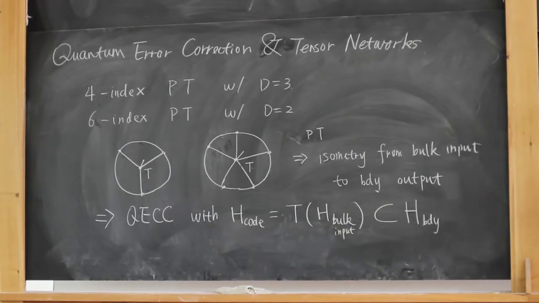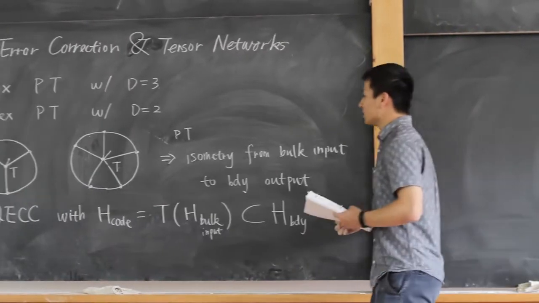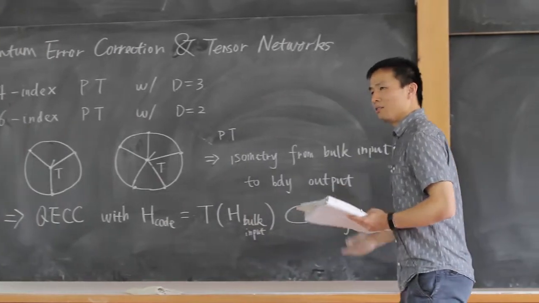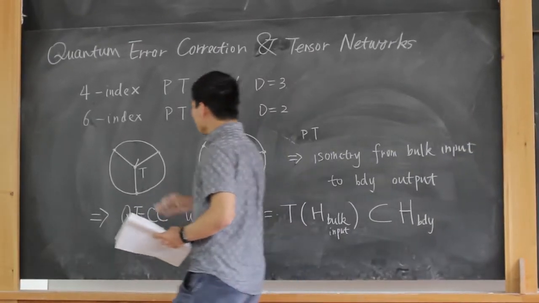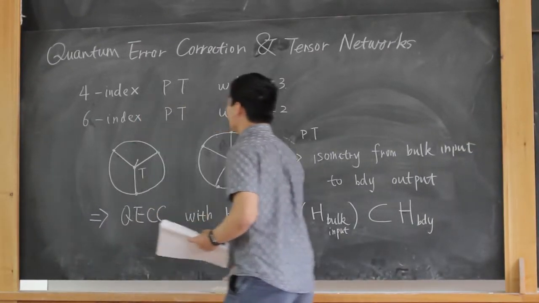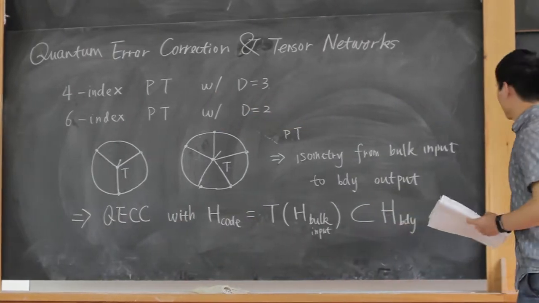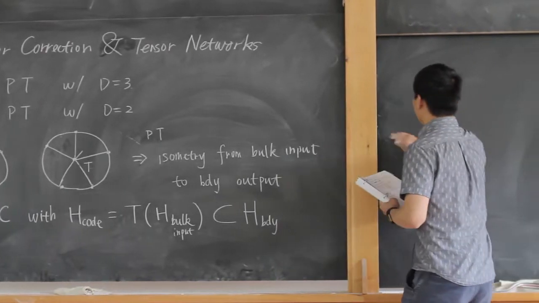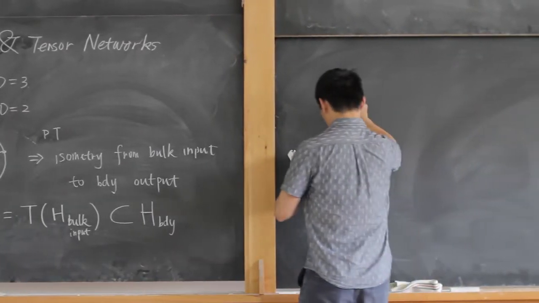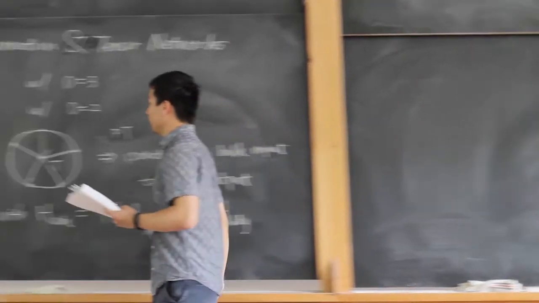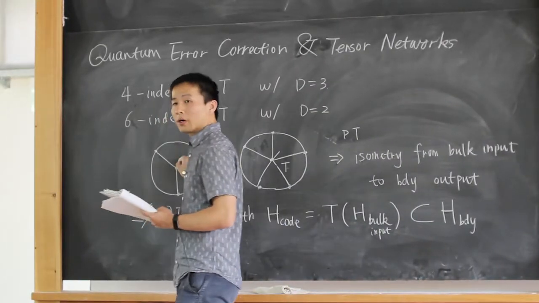So we can now see various ways of reconstructing operators. A lot of the discussion will be similar to what we had seen so far with the 3-qubit code, but I wanted to use the tensor language to make it more obvious. So the way to do this is we have some operator O that acts in the bulk.